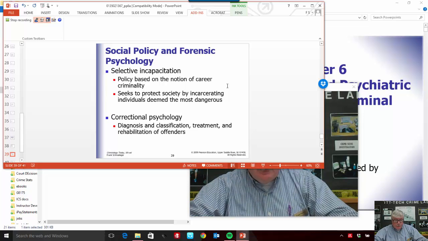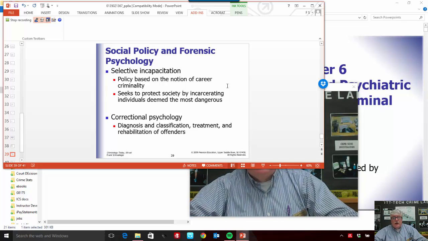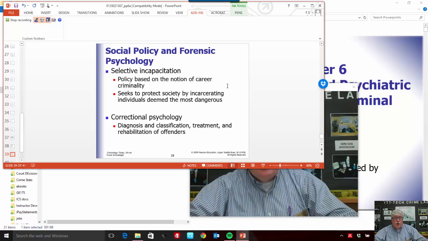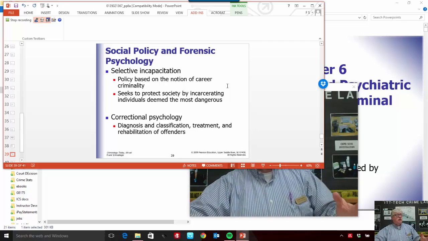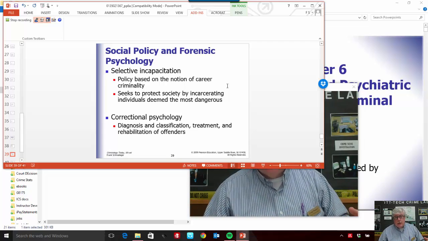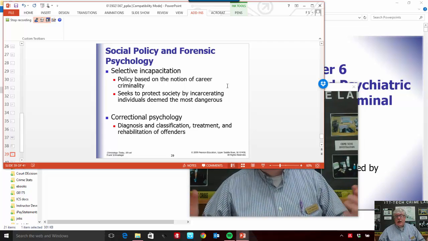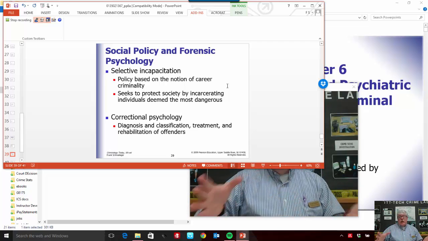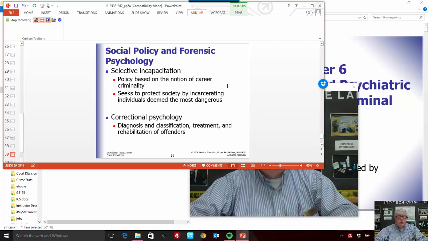Forensic psychology, again, social policy. Selective incapacitation is if you can identify someone who's a career criminal, maybe you decide to selectively incapacitate. Remember, incapacitation means that we take them out of the mix, so we can incarcerate this person. If they're deemed to be very dangerous, maybe we put them away. That's selective incapacitation.